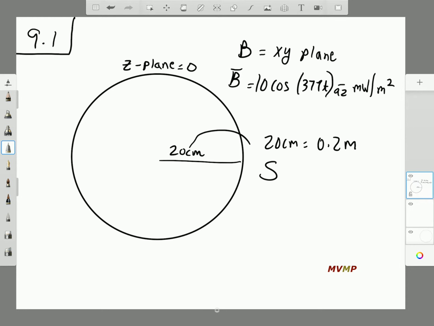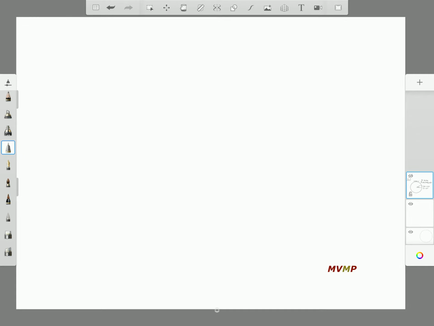The first thing we should do is convert 20 centimeters to meters, and we should know that the surface area of a circle is just pi r squared. Now we can go ahead and solve this.